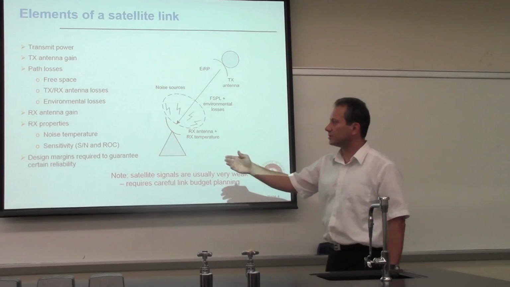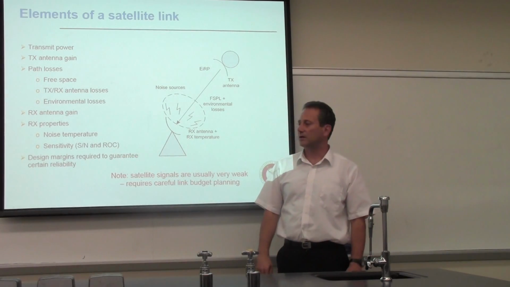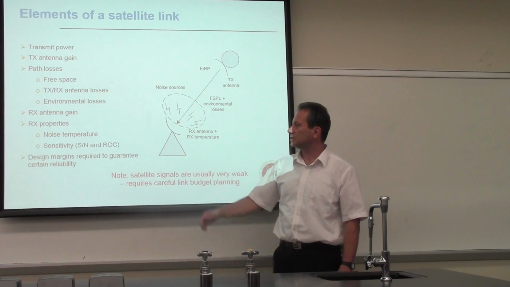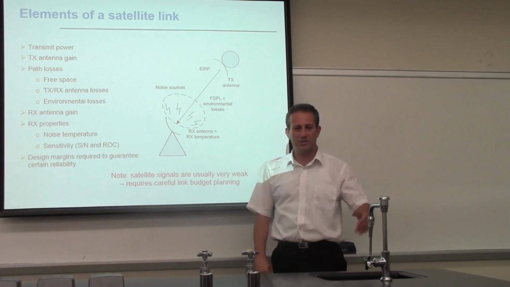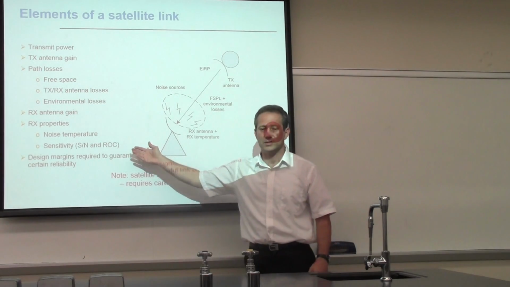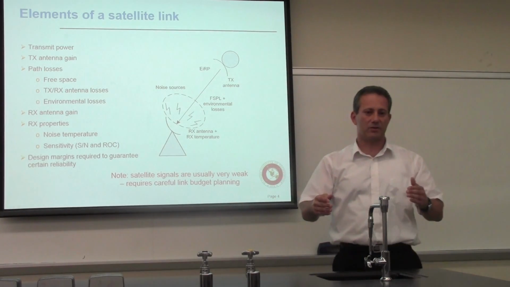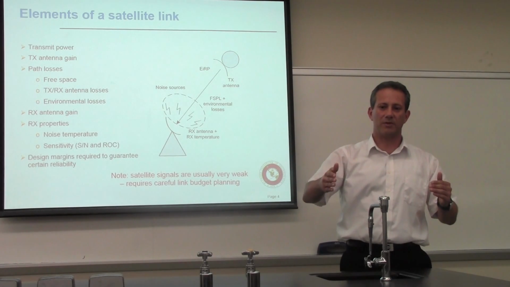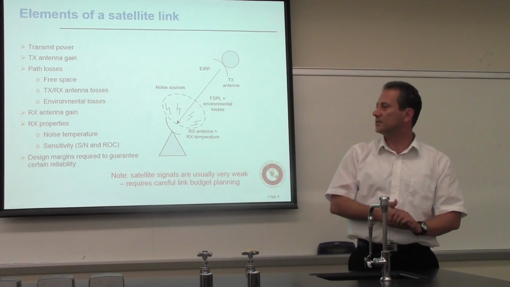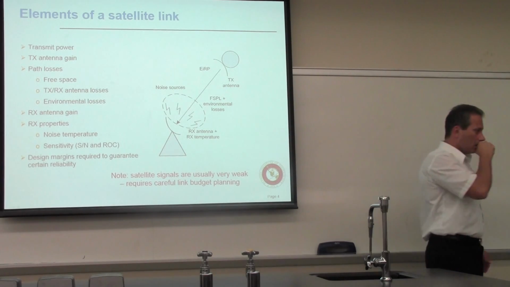The signal to noise ratio is for analog systems usually the measure. In digital systems we can quantify that as Eb over N0, but whatever the case might be, we're working with what we call receiver operating curves, which basically tell you the signal level that you need to provide to get sufficient performance.